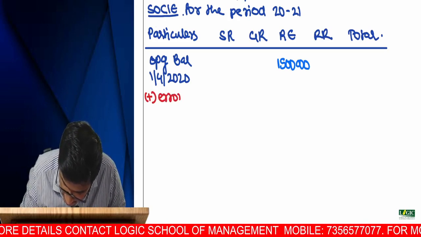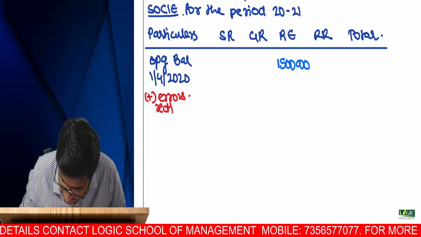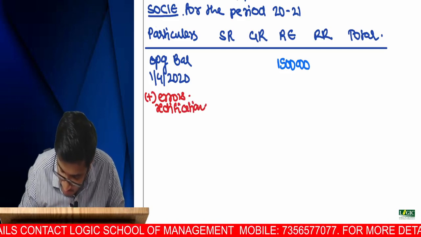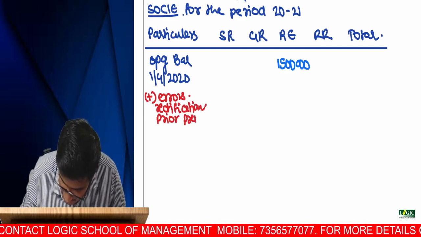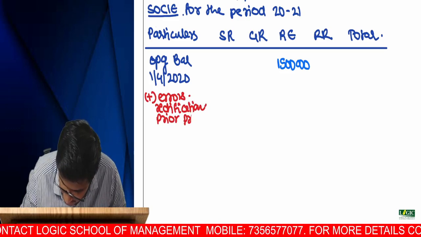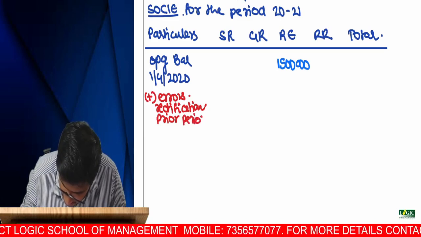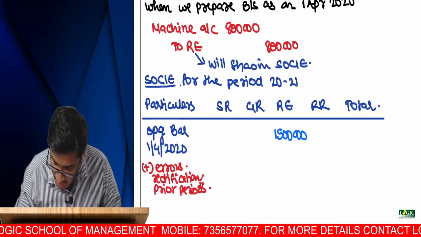Now this accumulated reserve is going to increase. How much? Error rectification due to prior periods. You have passed it.